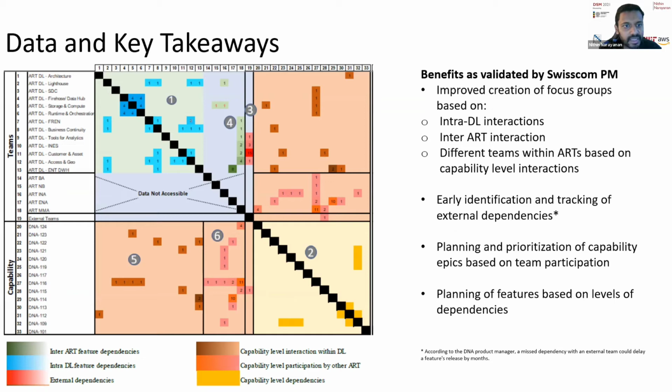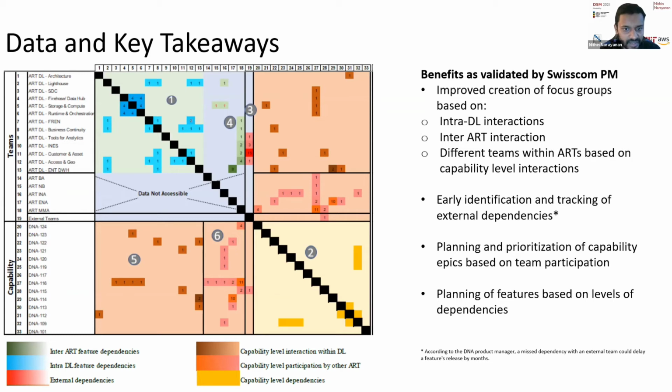So it creates improved focus groups based on the intra-DL data lake ART. Based on how the coordination requirements are required within a particular ART and between ARTs could be identified using this visualization. And early identification and tracking of external dependencies is seen as a big benefit, so that, as I previously mentioned, delays of months could be avoided if we know these dependencies beforehand and they're represented adequately.